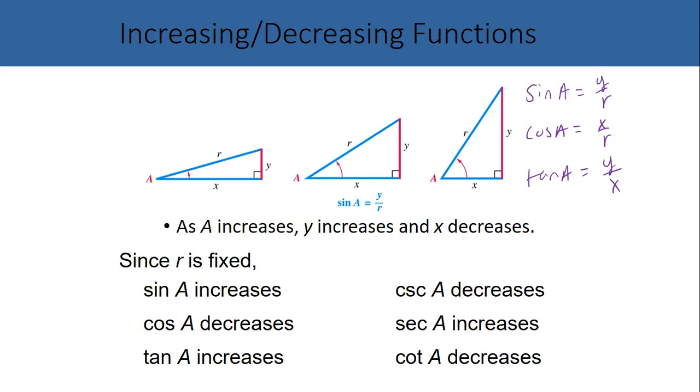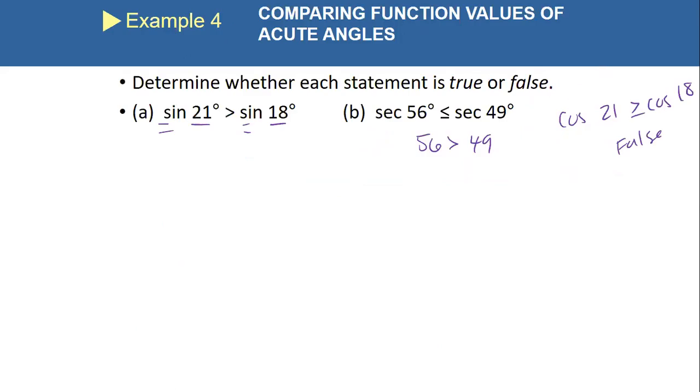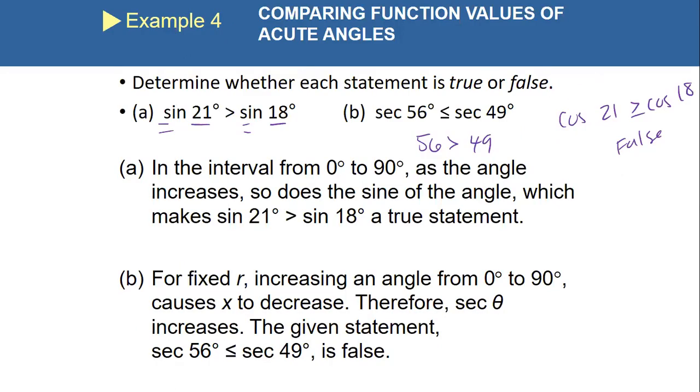And the reciprocals are the opposite. On this one, when we did secant of 56 compared to secant of 49, 56 is greater than 49, right? And because 56 is greater than 49, it's reciprocated.